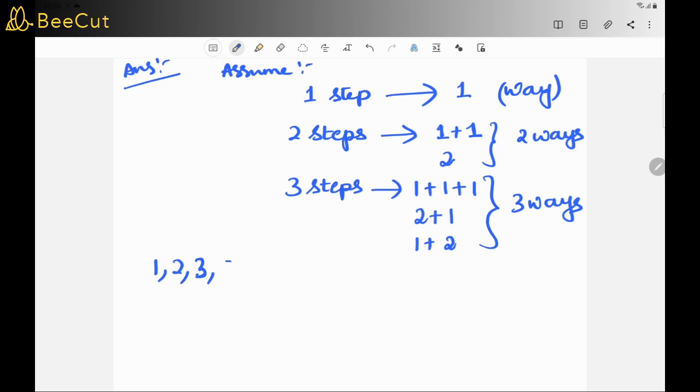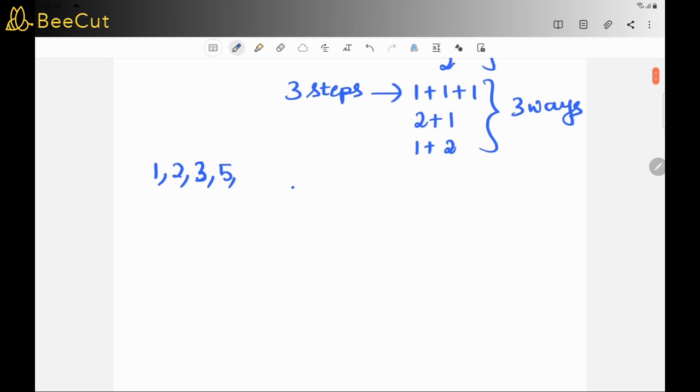Had there been 4 steps, he would have done it in 5 ways. Now let us check. If there were 4 steps, he would have taken 1 step, 1 step, 1 step, 1 step. This is one of the ways in which he could have climbed those 4 steps. 2, followed by 1 and 1.